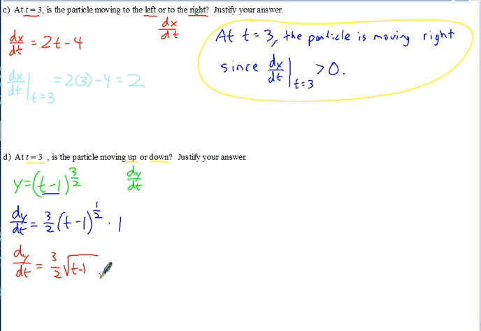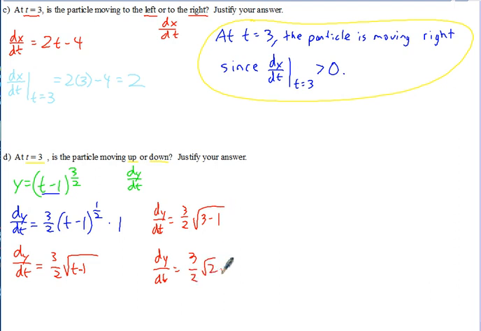If we plug in 3, three halves times the square root of 3 minus 2. And here, even though this doesn't work, actually that's 3 minus 1, sorry. A little ahead of myself there. So that's the square root of 2, so 3 halves times the square root of 2.